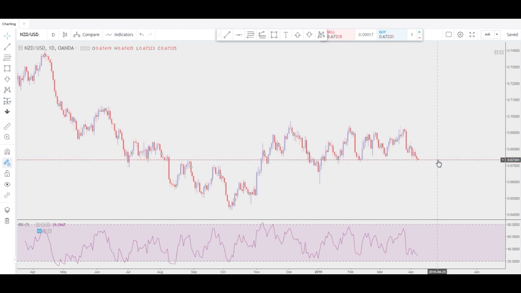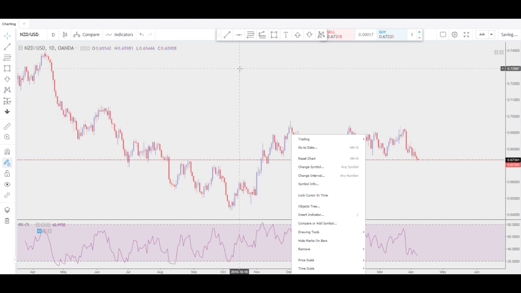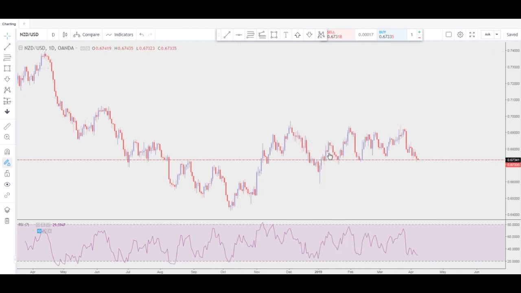Let's put a horizontal line straight through it, and you'll be able to see it clearer. If we get my arrow tool right here, you can clearly see we're looking left, we've got support, more support. It's clearly a level to keep an eye on, and see how price reacts to this level.